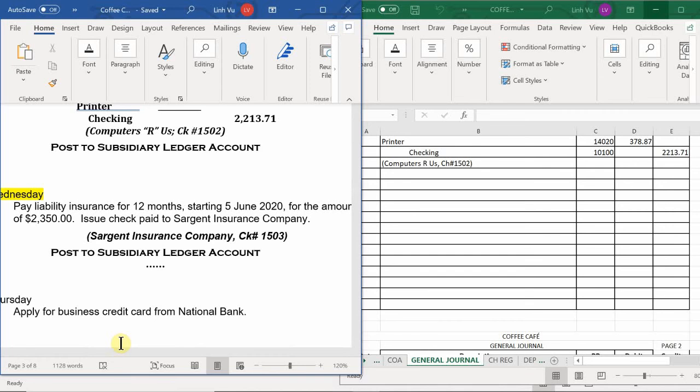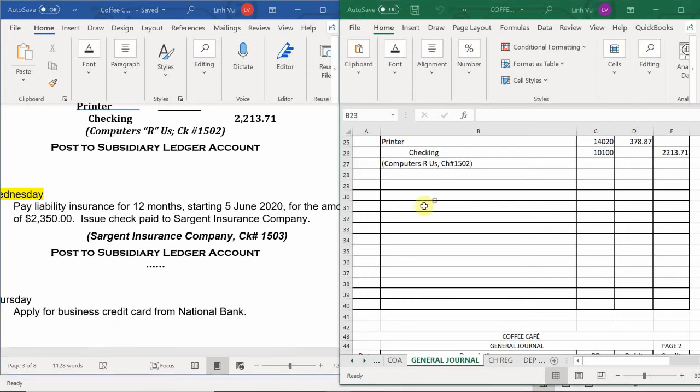No. Right now, I can only mark the month of June. Since I already paid in advance for the rest of the year until May 30th of 2021, I have what's called prepaid insurance, because I already bought insurance for these few months.